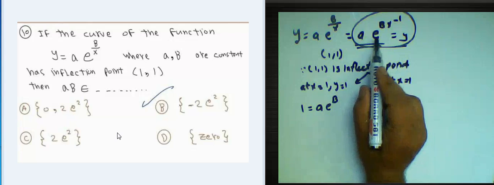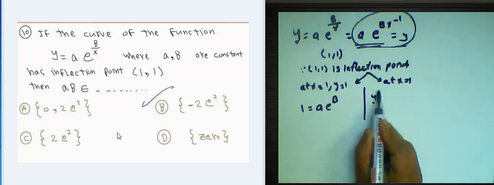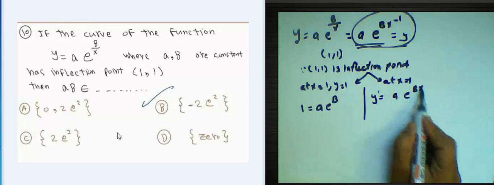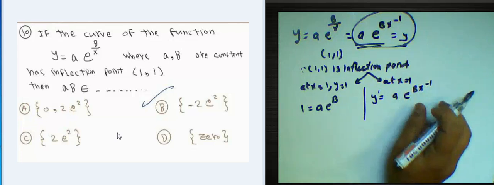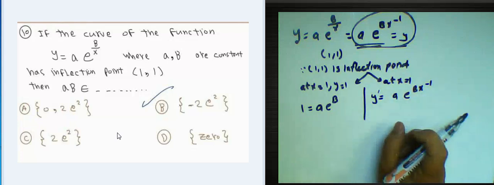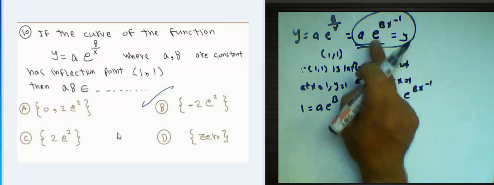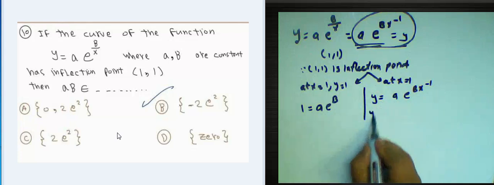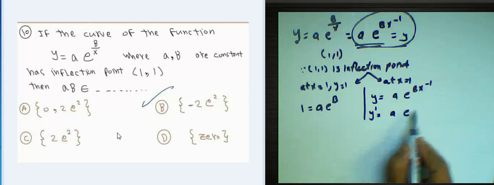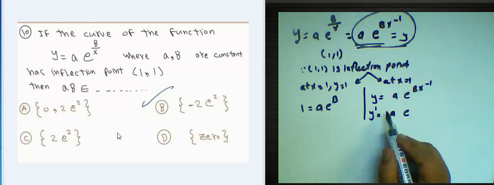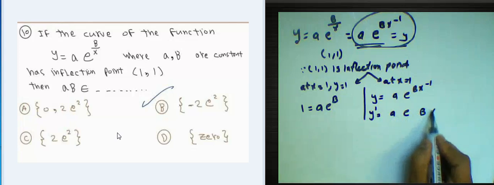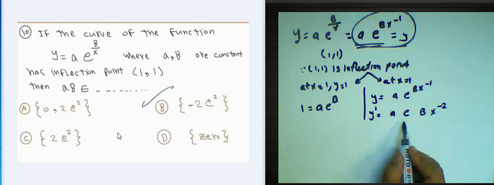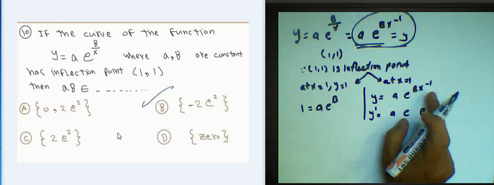We know y equals a times e to the power b x to the power negative 1, then y dash will be: write the constant a, and e to the power b x to the power negative 1, then the derivative of the power.